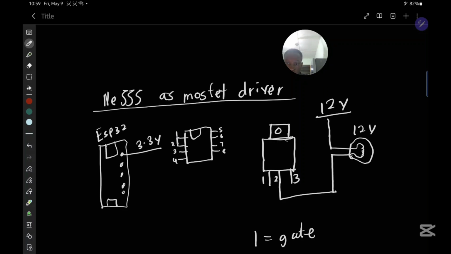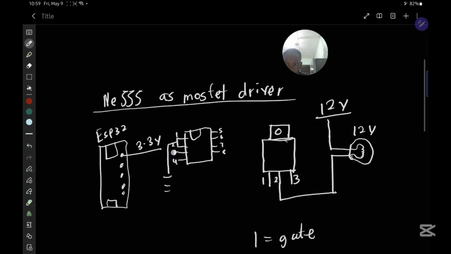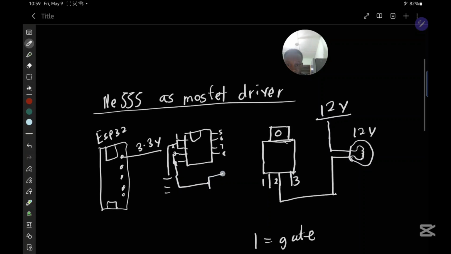Pin 1 and pin 2 will be connected together, and then they will be connected to our ground. Pin 3 goes through a resistor to our MOSFET gate over here. A 10 ohm resistor is more than sufficient.